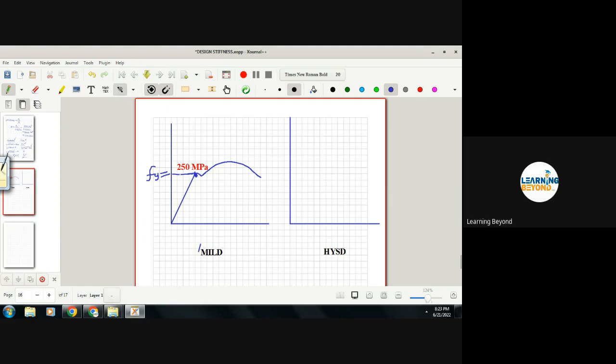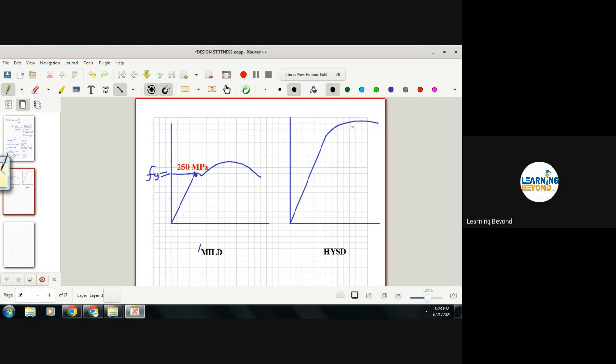And if it is a HYSD bar, high grade, then the value is definitely more, and we don't find the yield point exactly. It will be somewhere here. So for simplicity, they use the 0.2% proof stress.